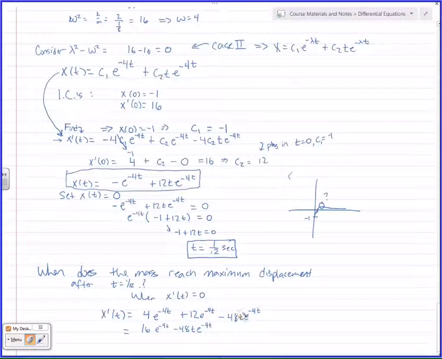Is that the right derivative? Right, take the derivative of this term and then use the product rule on the second term. And what we're going to do with this? Well, set it equal to 0.